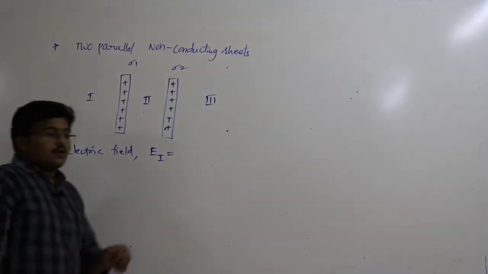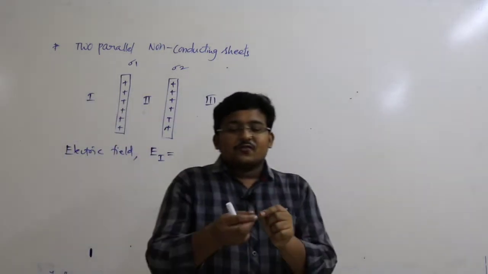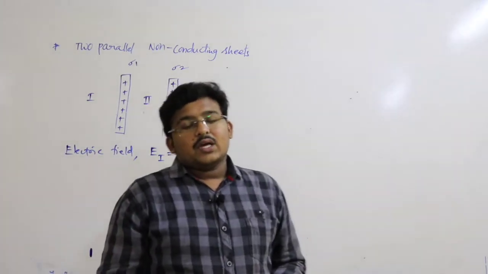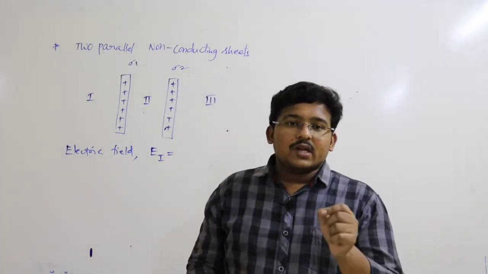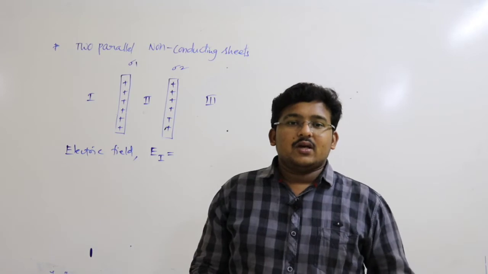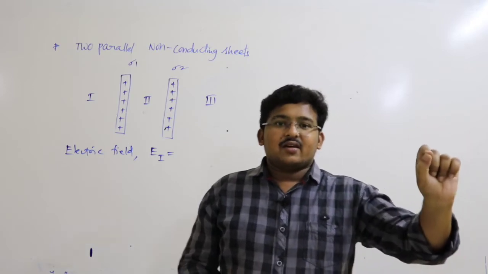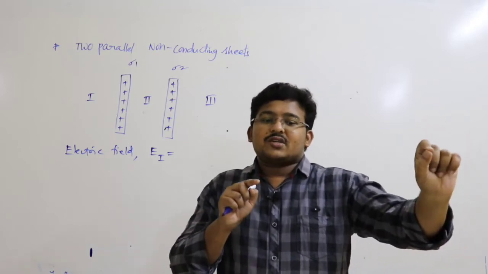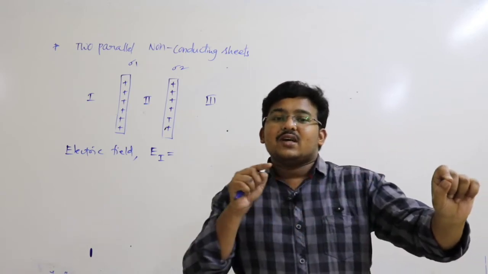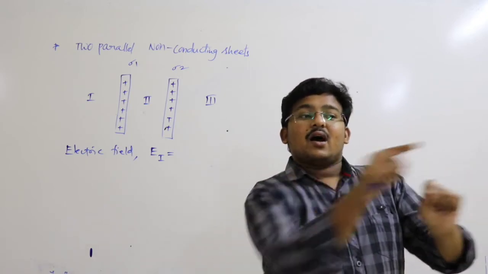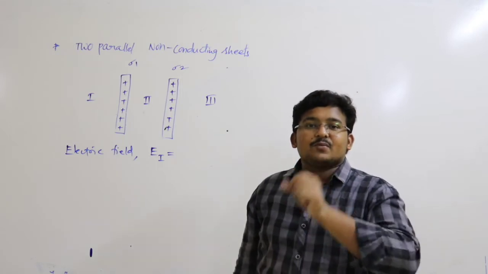You know that due to a positive charge, field lines will start from it. If you want to find the field at some particular point, you assume a test charge there. Now this positive charge repels that test charge, which means the field will be away from the charge.